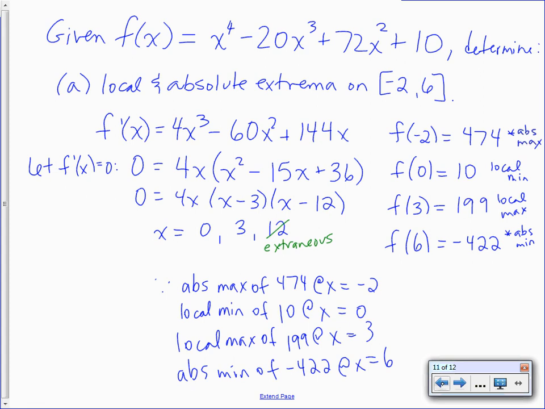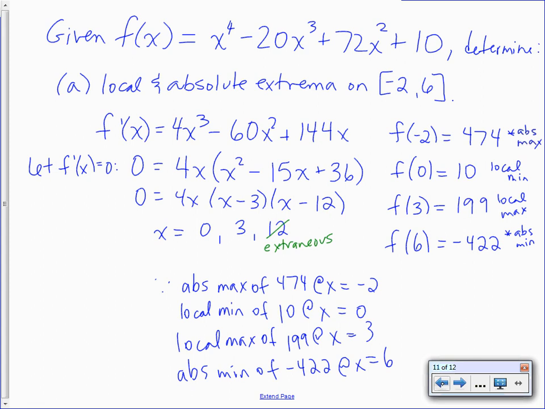So negative bracket negative 12 raised to the 4 minus 20 times negative 12 raised to the 3 plus 72 times negative 12 raised to the 2 plus 10. No, you just find 12, because I don't know what I'm talking about. I think I decided in my head it's going to be a big negative number, so I decided I'm just going to make it negative. So no, 12.